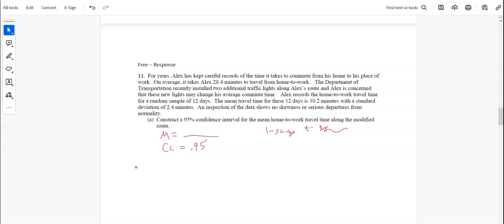Is this random? So just say something about random sample. So I'm going to write that and say the words random sample. Check. Okay. 12 is less than 10% of the population of all possible home to work commute times.